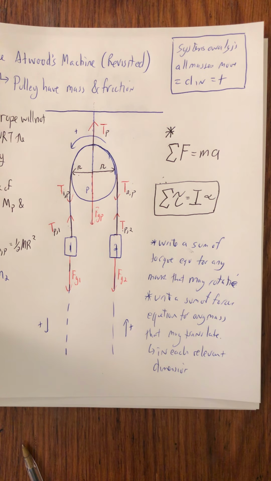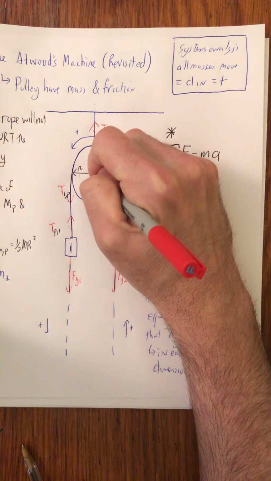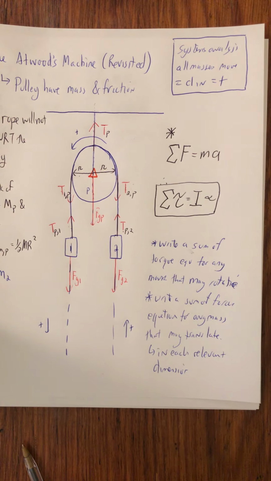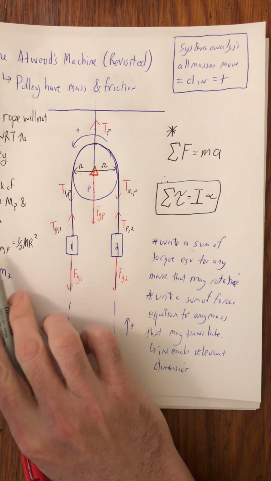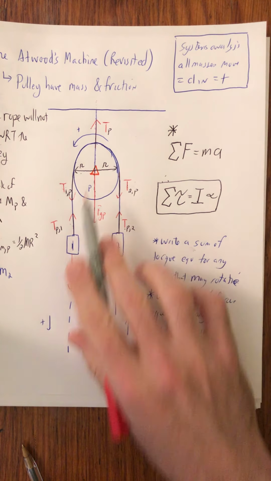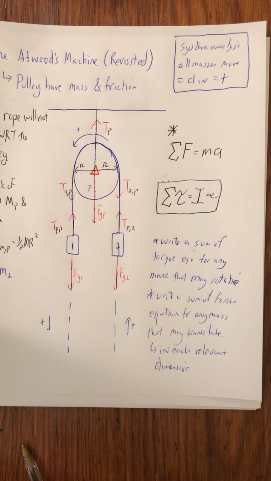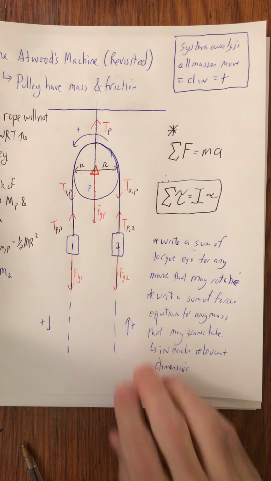Back when we're doing axes and declarations, something else that we need to do is define the rotational axis. Now here that's kind of defined for us because the pulley rotates about its center of mass like that. And over here we kind of made that assumption, but we didn't put it on our diagram. And so a critical step in these problems is going to be to define the axis of rotation so that we can write effective sum of torque equations.